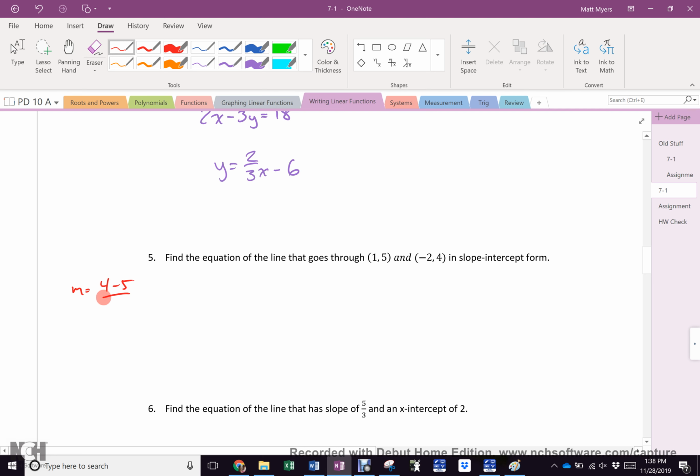y2 minus y1. Is it okay to write it that way?